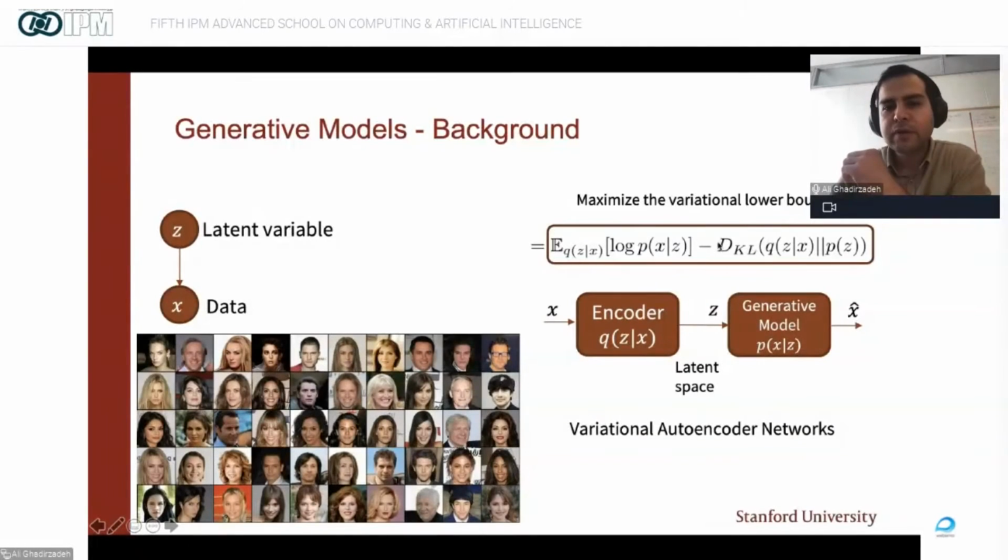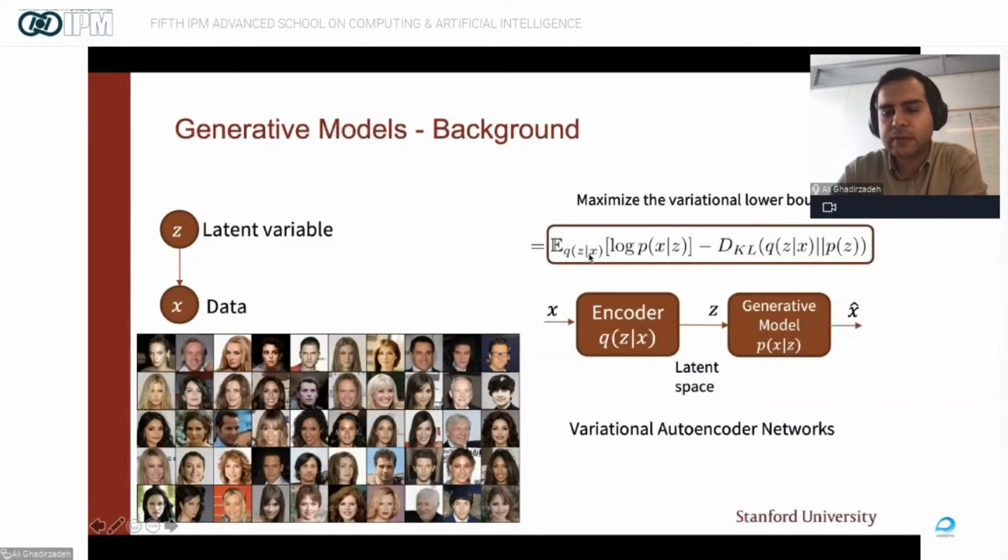Now, we basically try to maximize the log likelihood of data using the variational lower bound. And this can translate to our high-level model in a way that we will have an encoder, which encodes our data into the latent space.